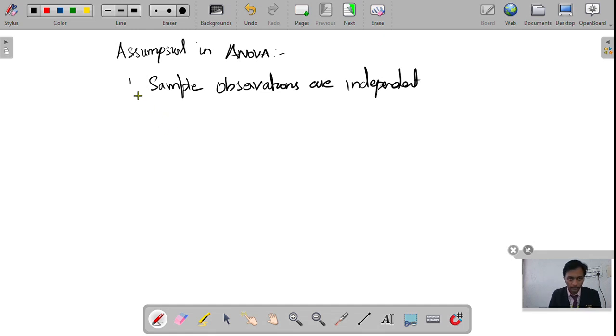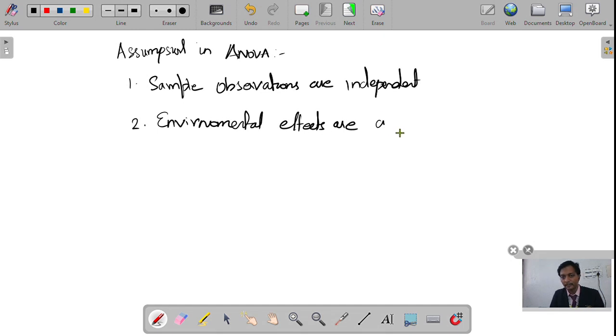Second, environmental effects are additive in nature. These two are the assumptions in the ANOVA table.